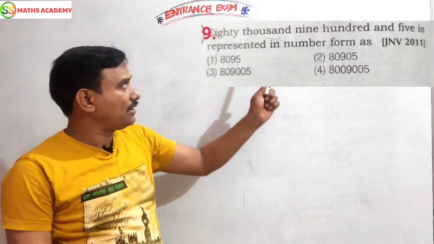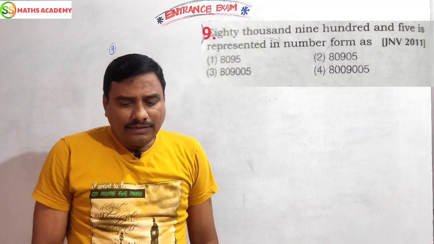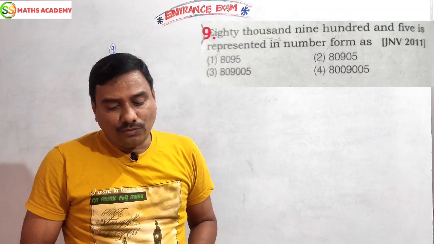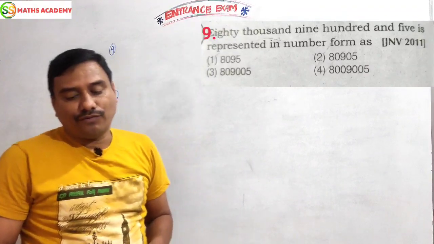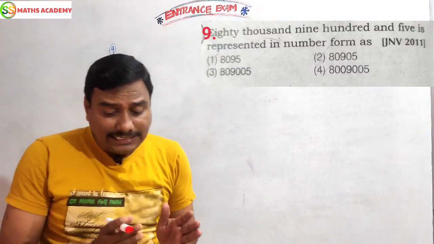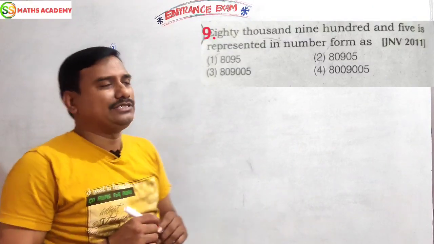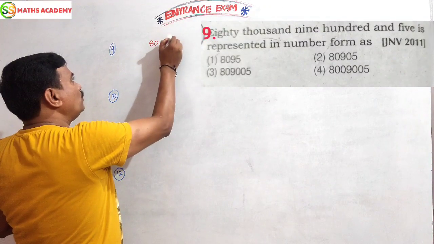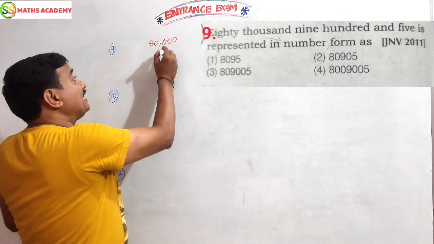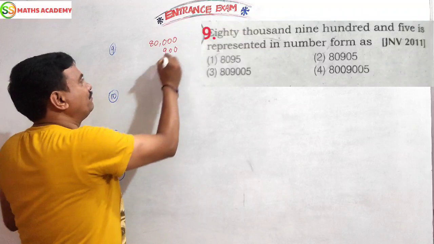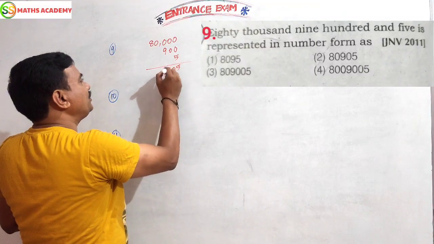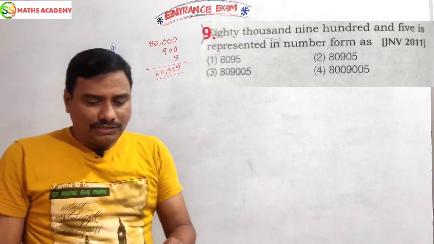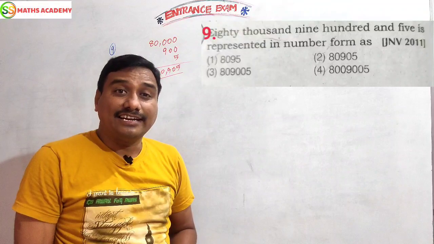Now let us see the 9th question. 80,905 represented in number form. Simple, you can say it in words, in numbers: 80,905. Finish, the answer is finished.